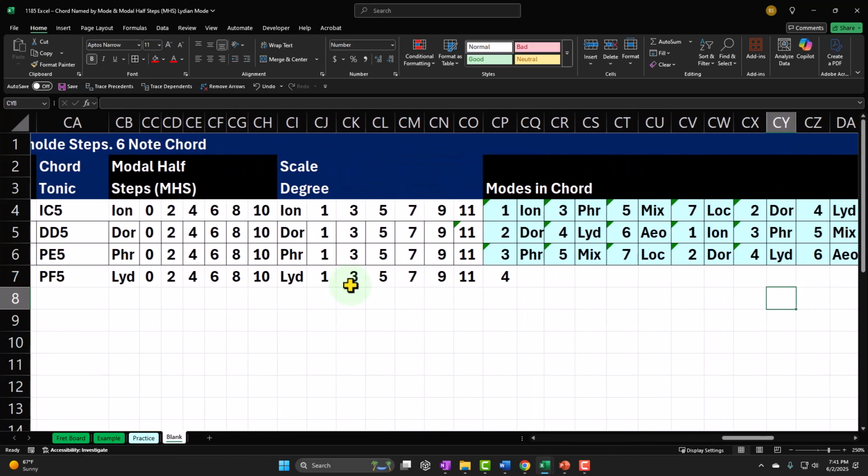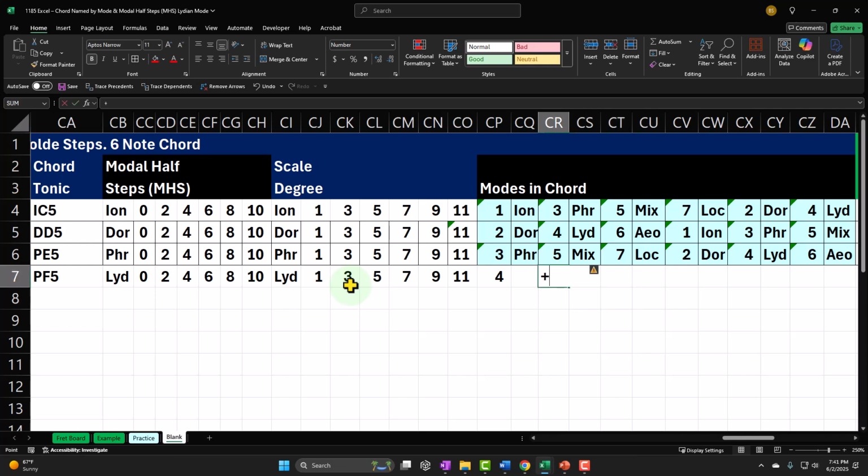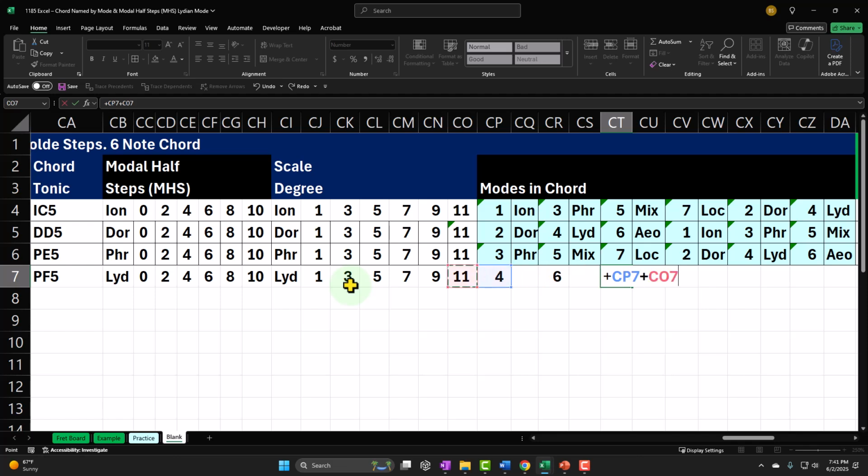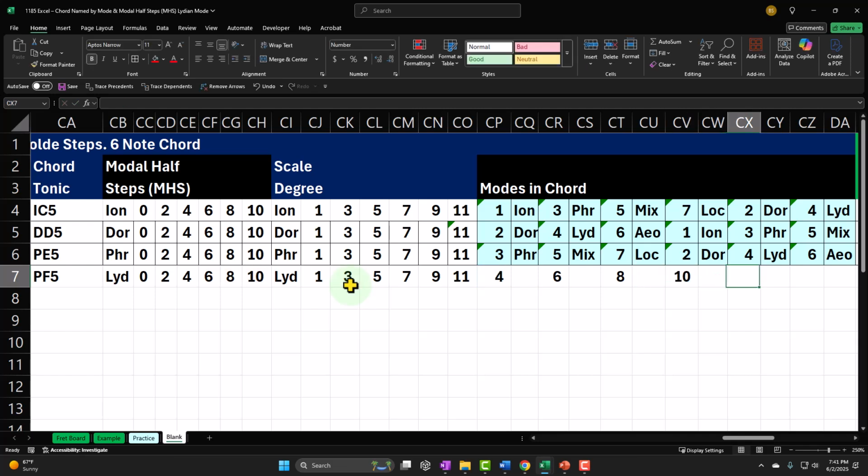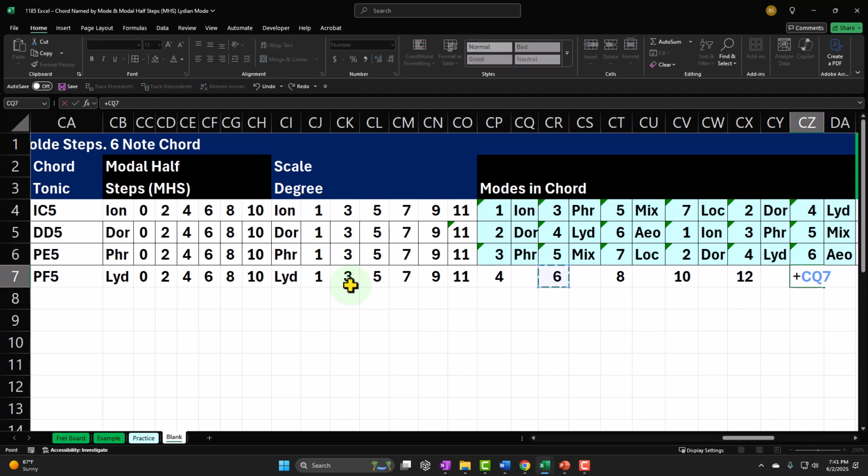All right, so we're going to say it's going to be 4 plus 2. We just skip every other note, so it's 4 plus 2. It's going to be 4 plus 4. It's going to be 4 plus 6. It's going to be 4 plus 8. And it's going to be 4 plus 10.